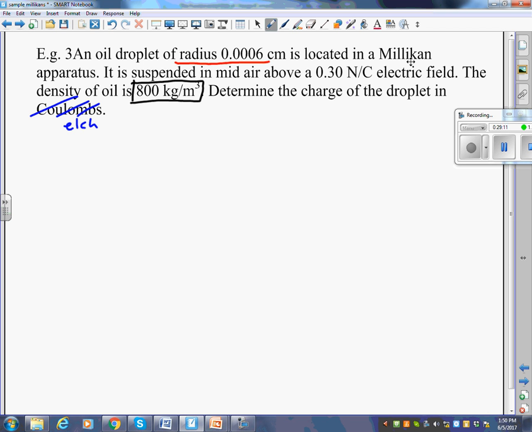All I've got is the density and the radius. Now, don't write anything down just yet. Density is equal to mass over volume. What am I trying to find? Mass. If I know density, I'm going to have to know the volume. I don't know volume yet, so I've got to find the volume.